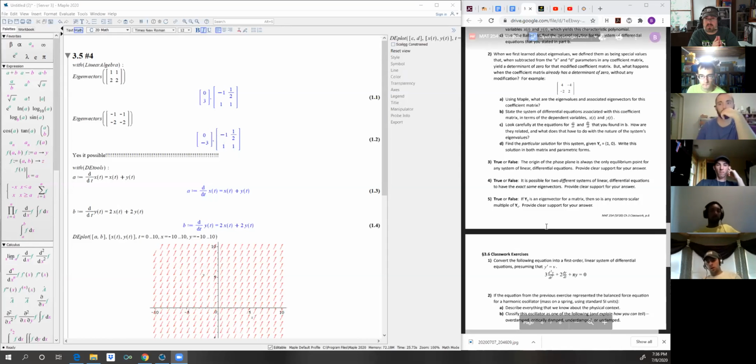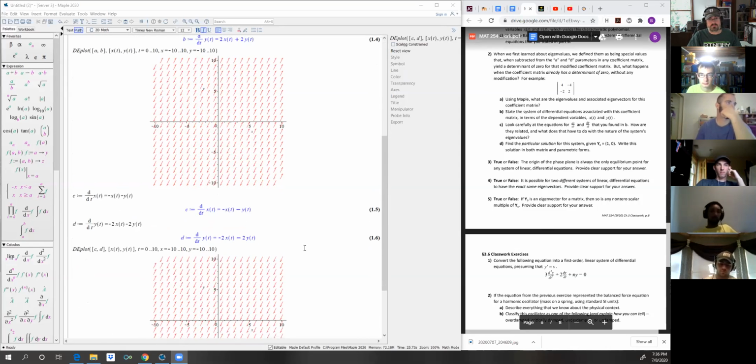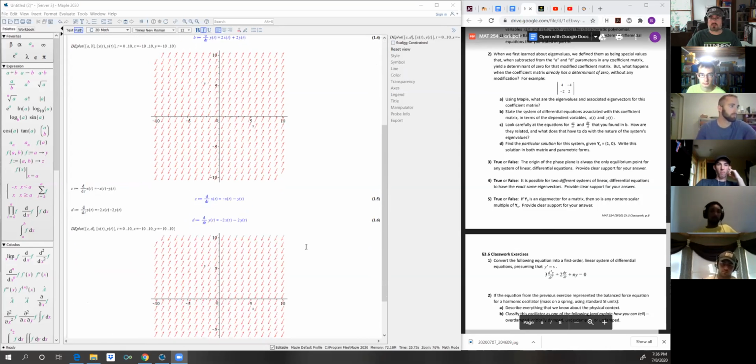So that's what it means to have the same eigenvectors but opposite eigenvalues. You wind up with a phase plane where every arrow that was going this way is now going completely in the opposite direction. Nice work. Good job putting that together.